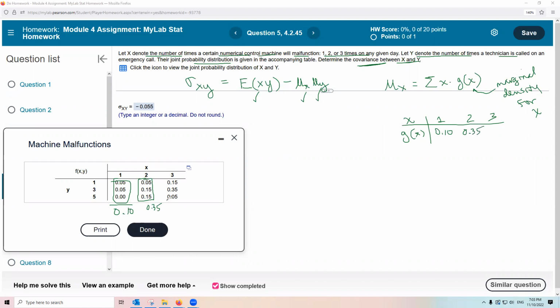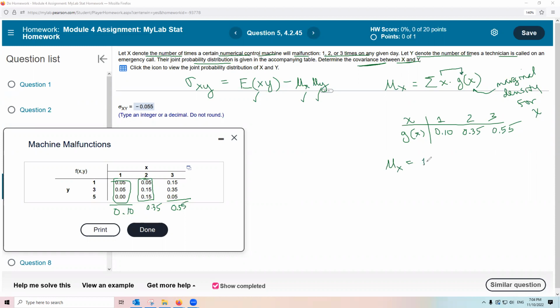And then when X is 3, I'm going to add up these probabilities, which is 0.55, I think. Okay, and so that's 0.55. All right, well, now that we know these g of X values, the marginal density function, we can figure out the mean. So it's saying take the X value times its g of X and sum up those results.